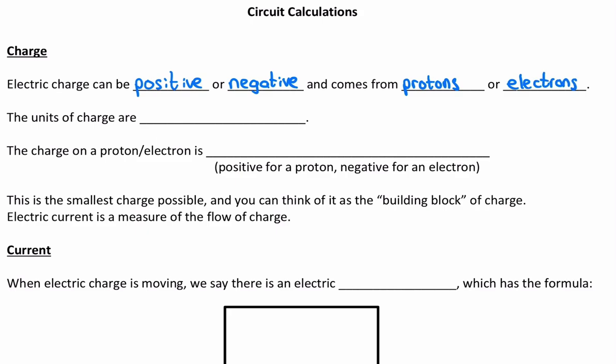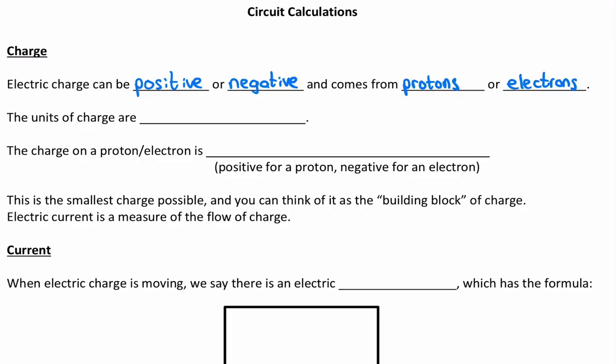And I want to dwell on this for just a second. Sometimes students at this stage will understand that charge can be positive or negative, and they understand that protons are positive and electrons are negative. But what's not always clear is that protons are not only positive, they're the only thing in the universe that's positive.